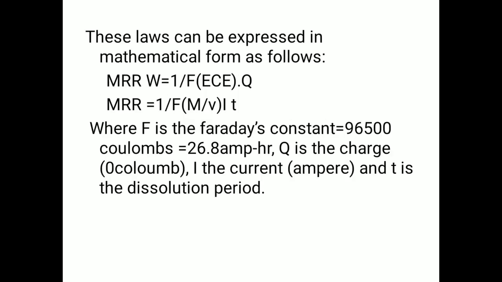These laws can be expressed in mathematical form as follows, where F is Faraday's constant, which is equal to 96500 coulombs, which is equal to 26.8 ampere hour, and Q is the charge, I the current, and T is the dissolution period.